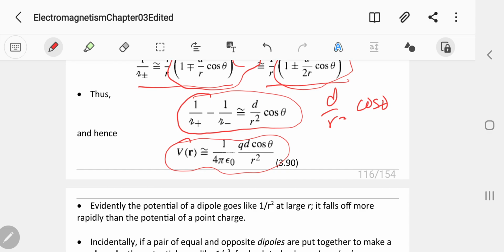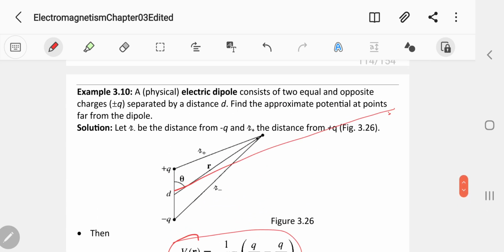So what is the feature of this equation? If you're very near to this charge, you see two charges, right?